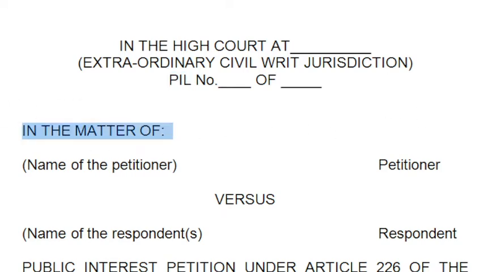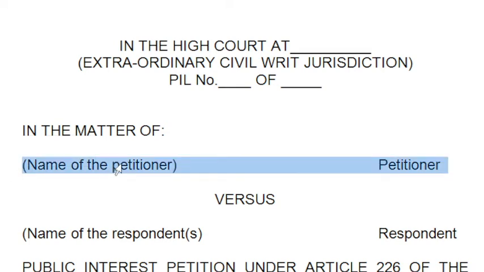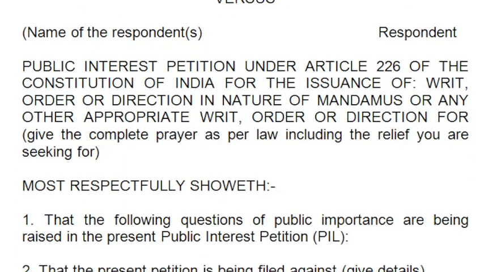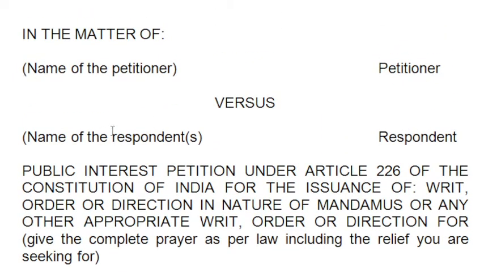Then in the matter of, you have to mention the name of the petitioner, and on the right hand side the petitioner's name, address, residence, you can mention the details, then the name of the respondent or respondents. If there is one respondent, you can file it against him, or if there is more than one, then all.